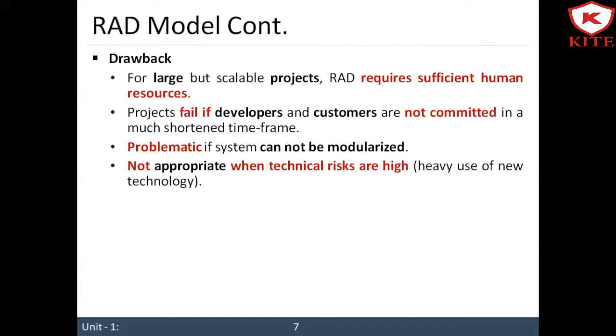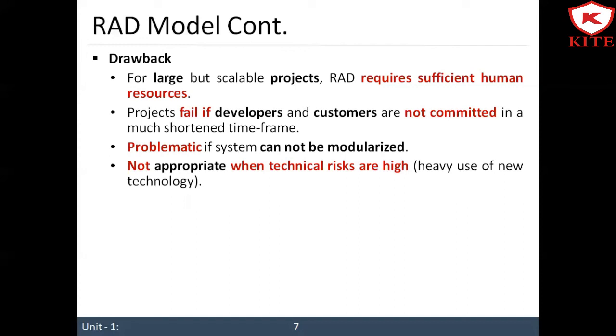So if we have a time span of 3 months, then we can use this rapid application development model. Each major function can be addressed by a separate rapid application development team and then integrated to form a whole. Here each team, after communication and planning, is involved in the software development process.